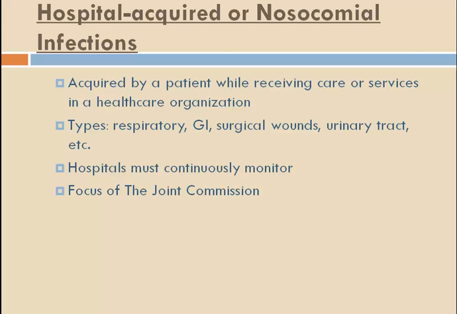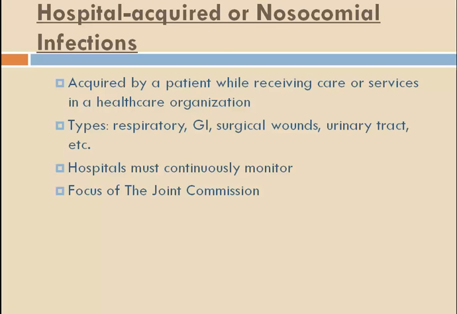So in other words, they're not tracking infections that patients have when they're admitted to the hospital. There are all different types of hospital-acquired infections. Some examples would be respiratory infections, GI, surgical wounds, urinary tract infections, etc. Hospitals are required to continuously monitor infections, mainly because of the effect that the infections can have on patients and their outcomes.